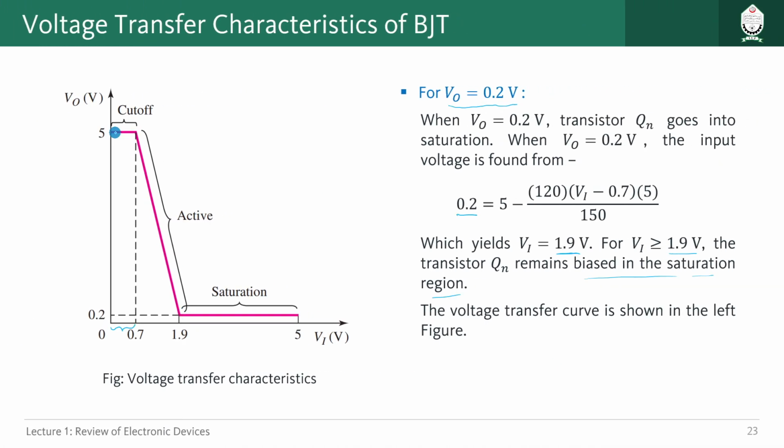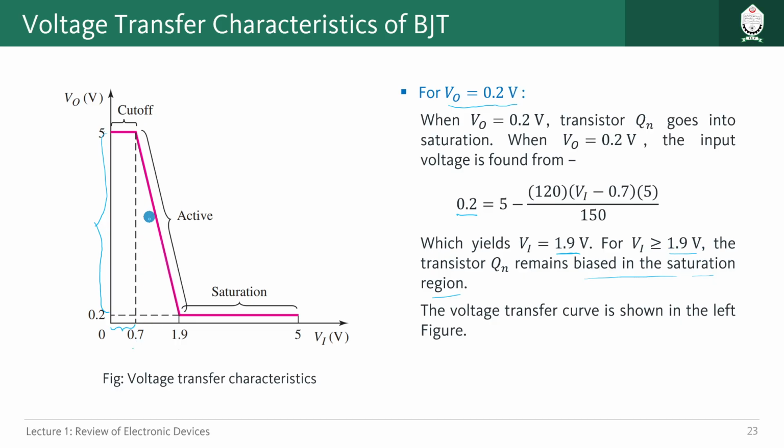Okay, so for V0 5 to 0.2, this is the allowed region for active mode, and this is a straight line you see, but corresponding value of Vi should be 0.7 to 1.9, because we have seen active mode starts from 0.7 just after cutoff and up until the value of saturation, which is 1.9 volt, we see active mode.